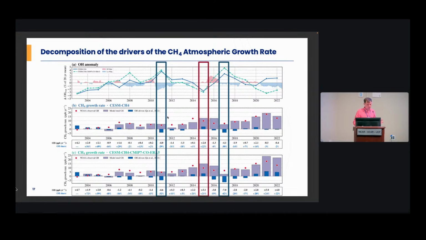So they are around 30% on average of the methane growth rate due to OH, with sometimes higher values, but most of the time lower than that. In terms of percentage, if you look at the beginning of the period where the methane growth rate was small, then obviously the relative contribution is more important.